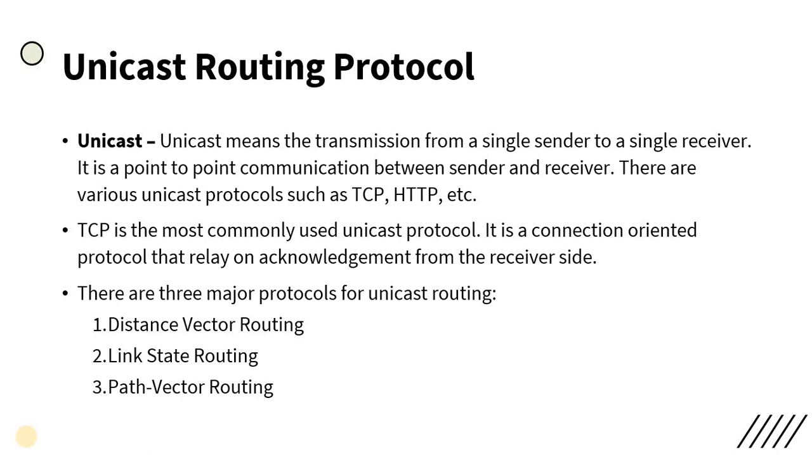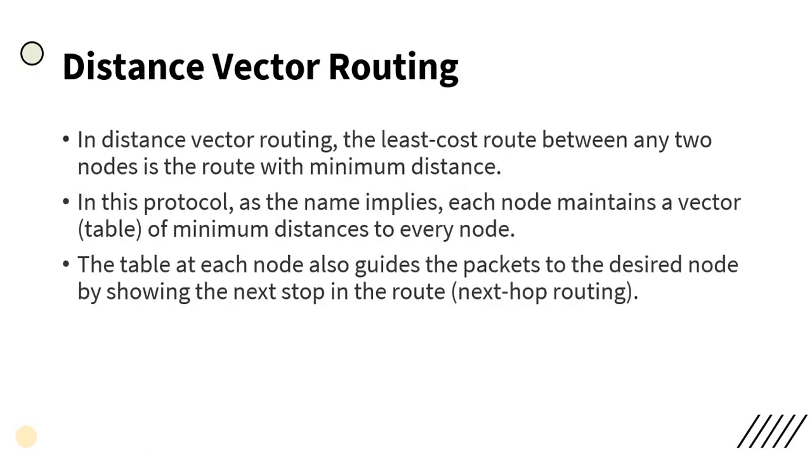So let's start. In distance vector routing, the least cost route between any two nodes is the route with the minimum distance. Suppose this is one host and this is a second host. Because this is unicast communication, there are only two hosts, and in between there are multiple routers, because a network is a combination of multiple routers.